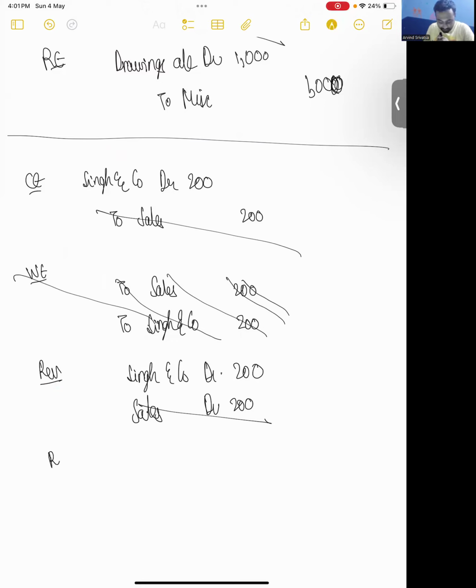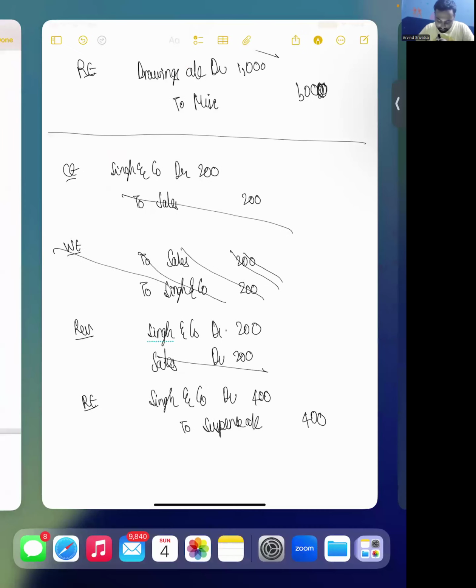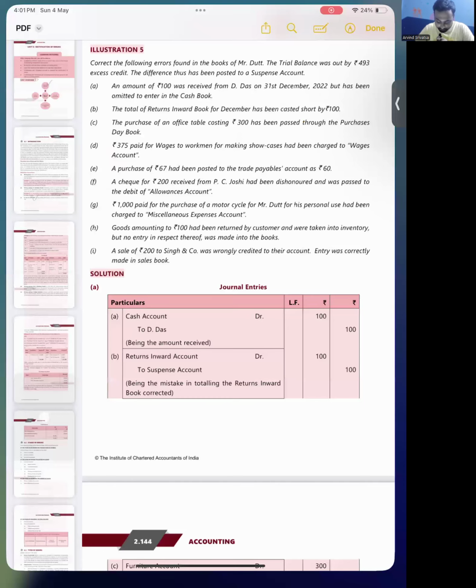Your rectification entry will be Singh and Co debit 400 to suspense account, because you don't have anything in the credit. Yeah, it's come. Okay. So I think this is fine.